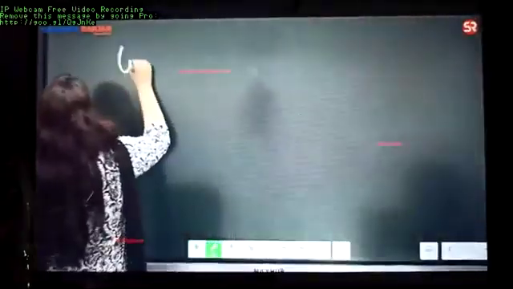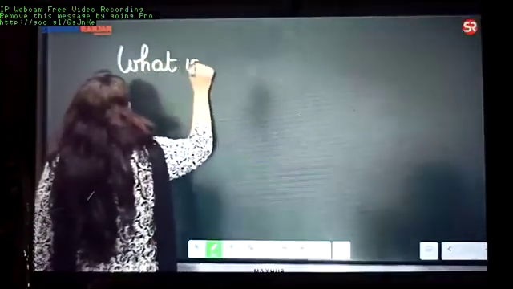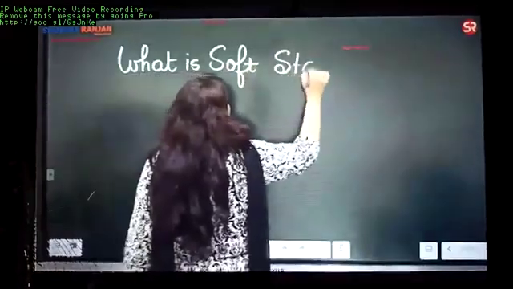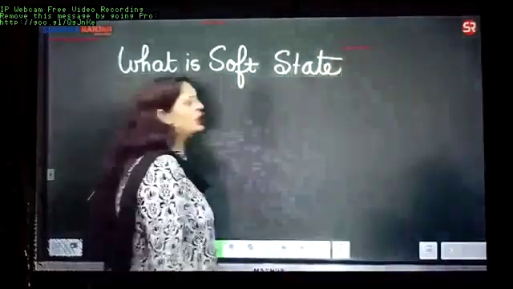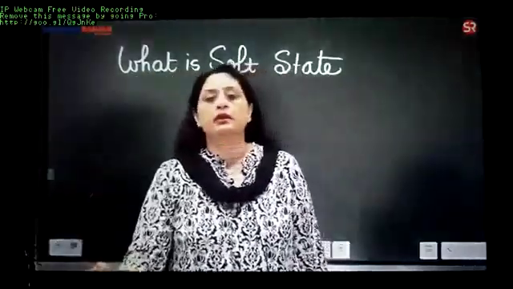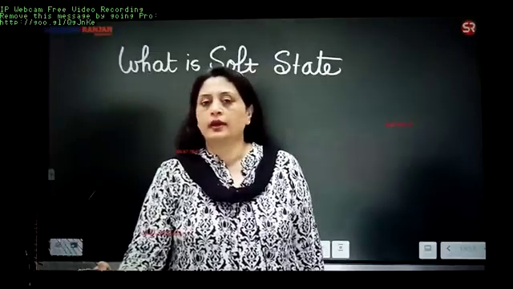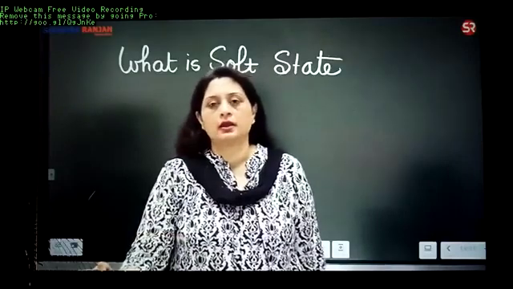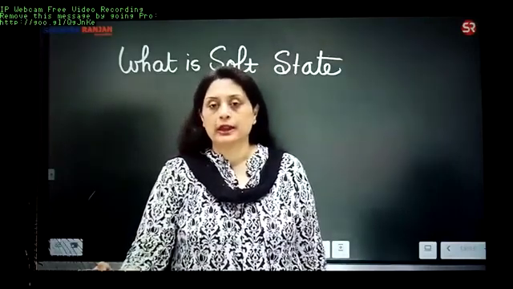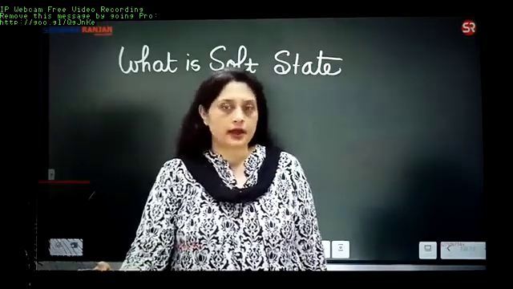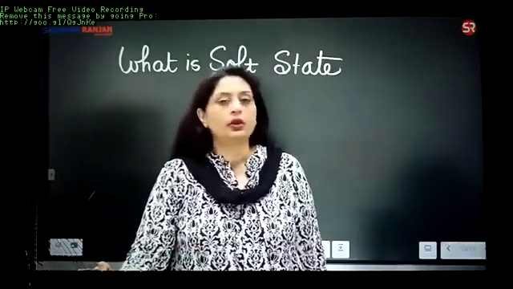So now, what is a soft state? What is the role of the state? The role of a state is the maintenance of law and order. Fine. And the soft state is one which is poor in maintaining law and order. The other extreme will be the failed state, means no law and order, complete anarchy.